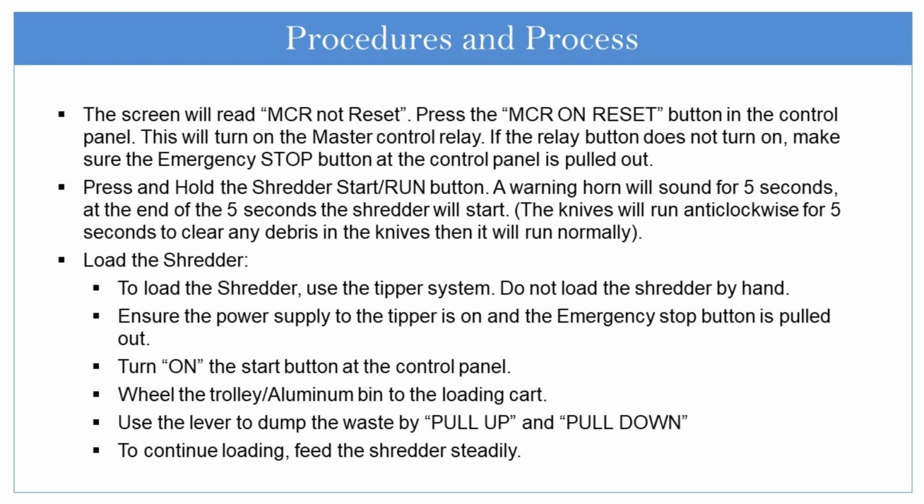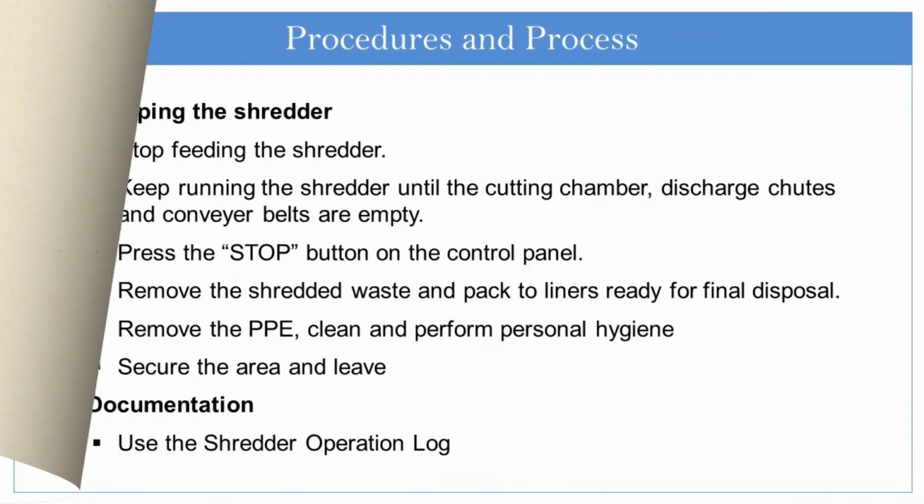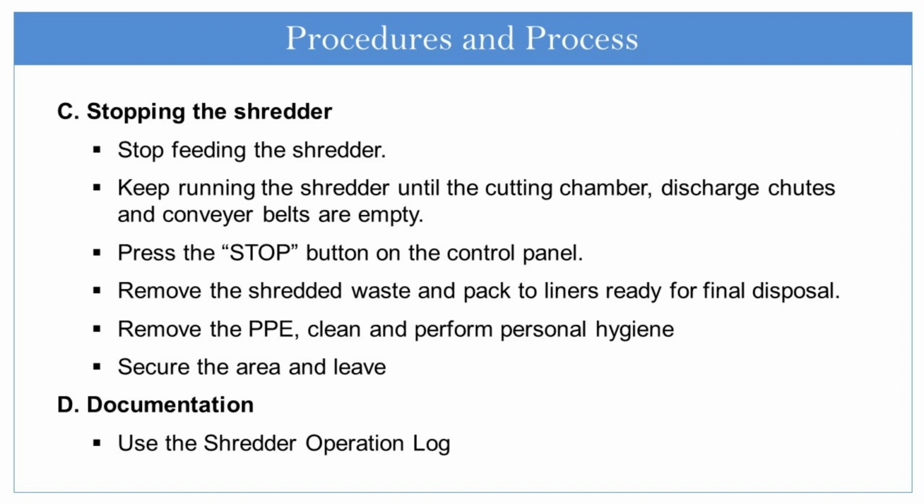Wheel the trolley aluminum bin to the loading cart. Use the lever to dump the waste by pull up and pull down. To continue loading, feed the shredder steadily, and it will keep on shredding the big chunks into the small particles. Stop feeding the shredder. Keep running the shredder until the cutting chamber, discharging chutes and conveyor belt is empty.